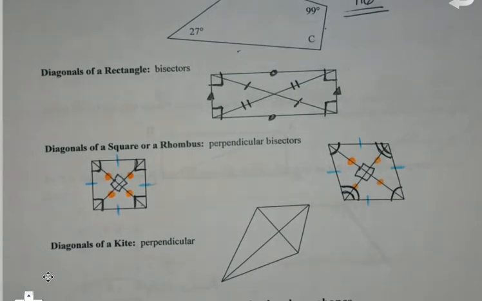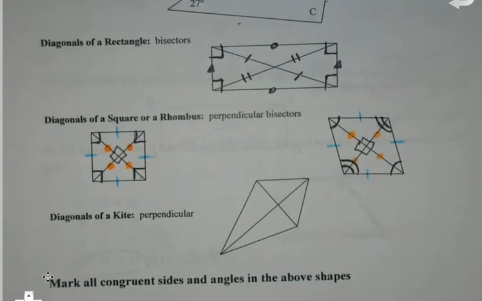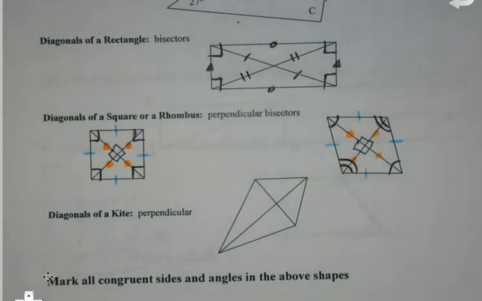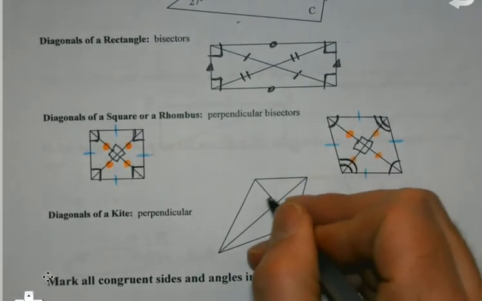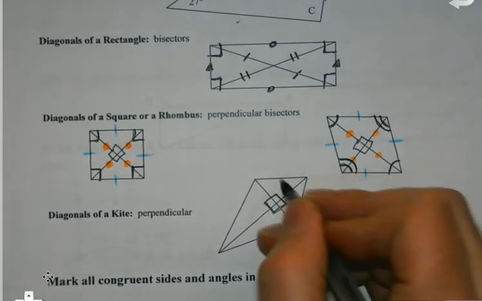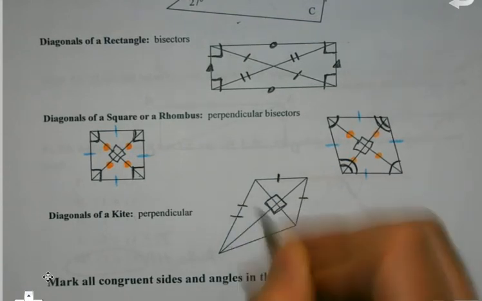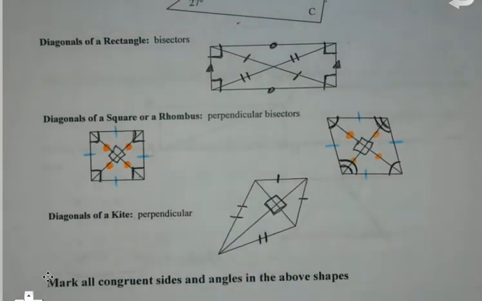And kind of having the picture to see that'll help, especially when you're working on the first practice problems here. And then kites are pretty basic. Their diagonals make right angles. And then the legs of your kite are going to be equal to each other.